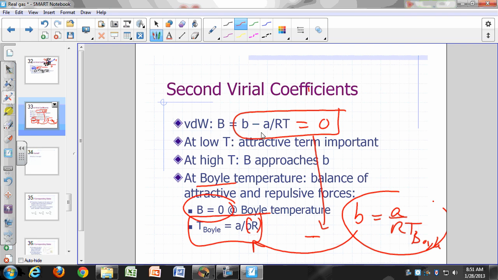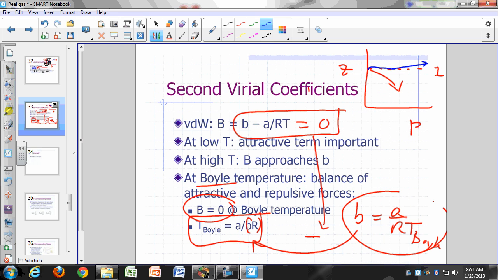So at the Boyle temperature, we say your gas behaves ideally over an extended pressure range. If you look at your Z versus P plot, at low temperatures, it tends to dip, right? At the Boyle temperature, over an extended pressure range, your gas is behaving ideally.